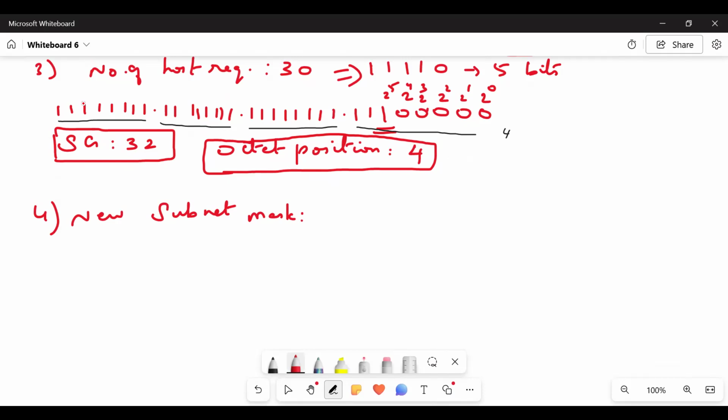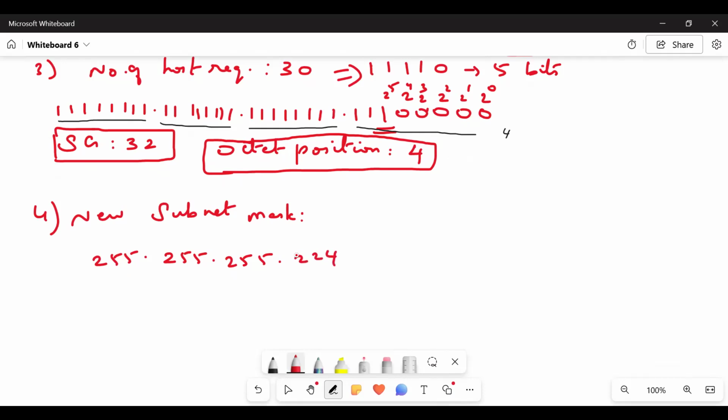Whatever the value we have got: 255.255.255, and then 2 power 5, 2 power 6, 2 power 7, the value when you add is 224.